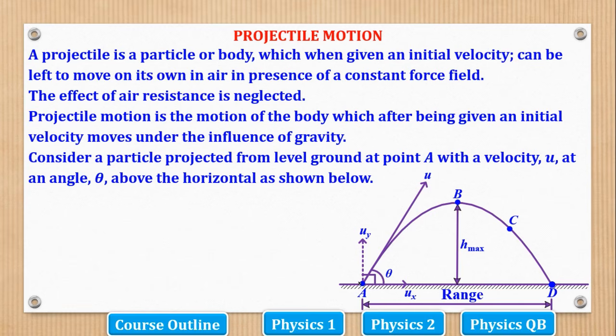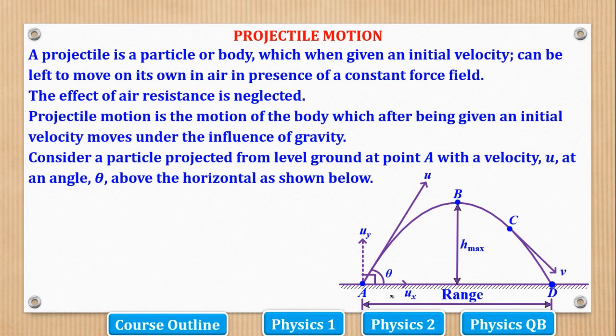Range is the distance from the starting point to the end point, as long as the particle started from the ground. Sometimes it may be at a cliff, and then range will be different, but our range has to be horizontal through the starting point. We shall look at it in more detail in this video.